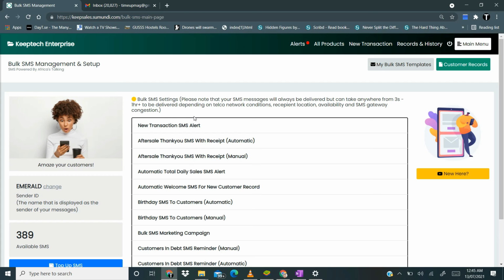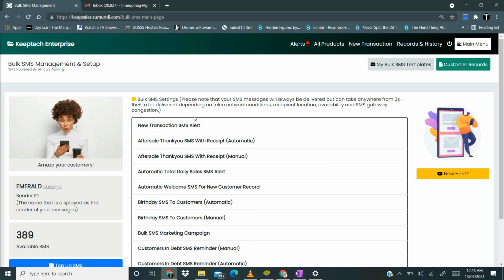What it basically means is that when you send a bulk SMS, it might take between 3 seconds to 1 hour to be delivered. And there are various conditions that can affect it. If you're having a poor network, it might delay. Your location matters. There are other things that can affect your customers getting your messages on time.